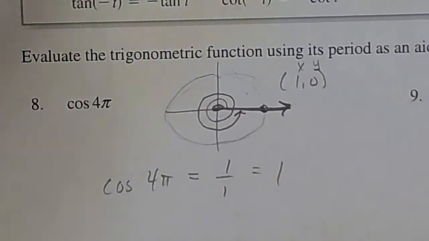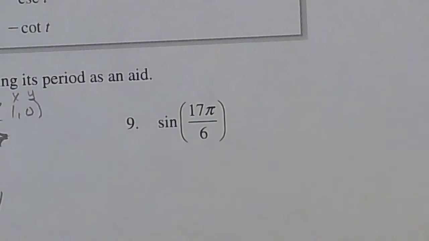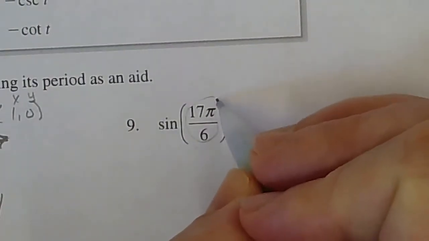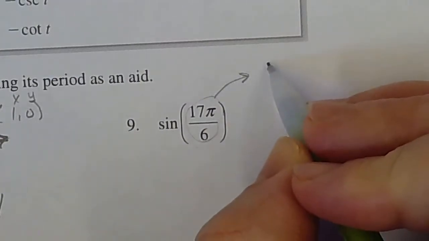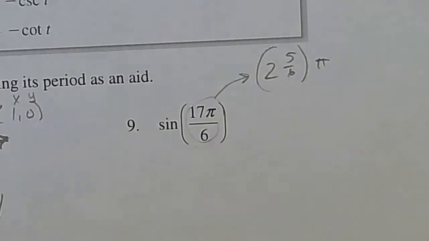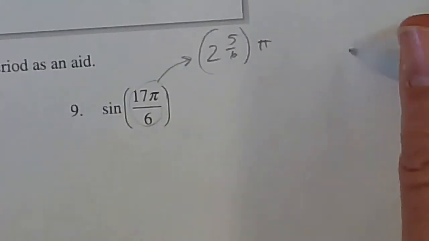All right, let's take a look at 9: 17 pi over 6. Let's figure out this angle first. This is 2 and 5/6 pi. That might be enough using the unit circle that we have, but here's a little sketch.